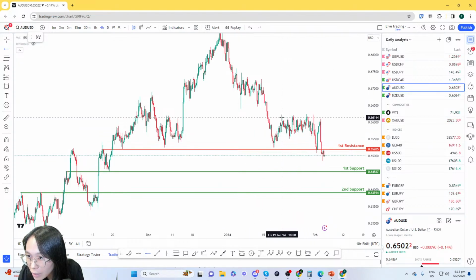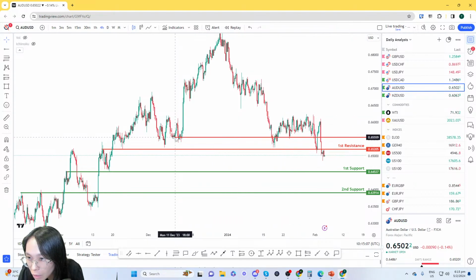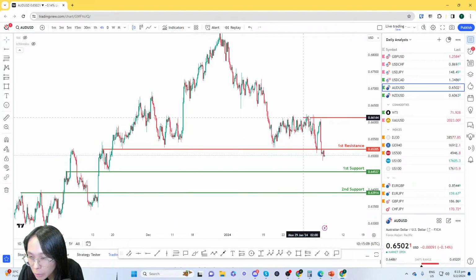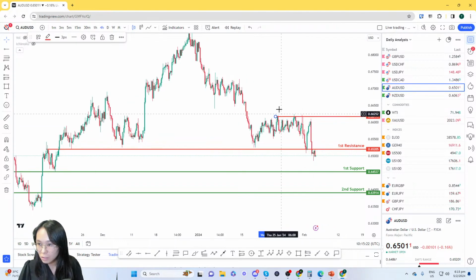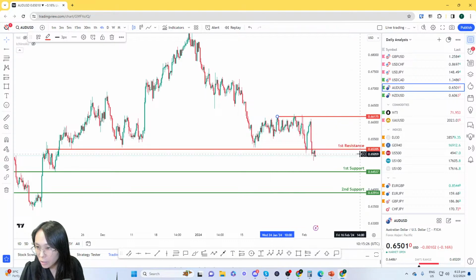And on the second resistance, it'll be cutting through all the bodies, so I'll be using this one. This pullback here will be my second resistance.